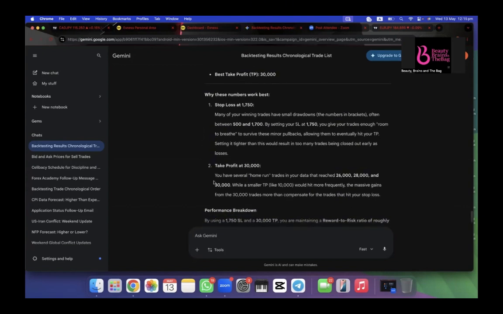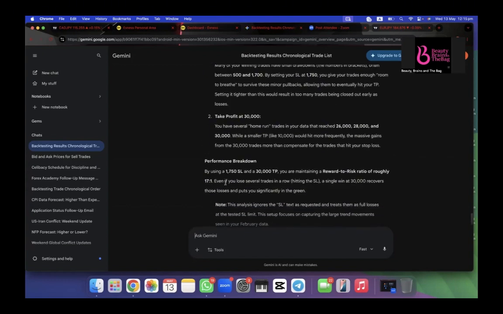Then it told me that I have several home run trades in my data, usually reaching 26,000 to 28,000 and 3,000, while there are smaller TPs of like 10,000. It tells me that if I use 30,000 as my profit target, I'm going to make more profit than if I'm just catching those small 1,000 and 10,000 trades.